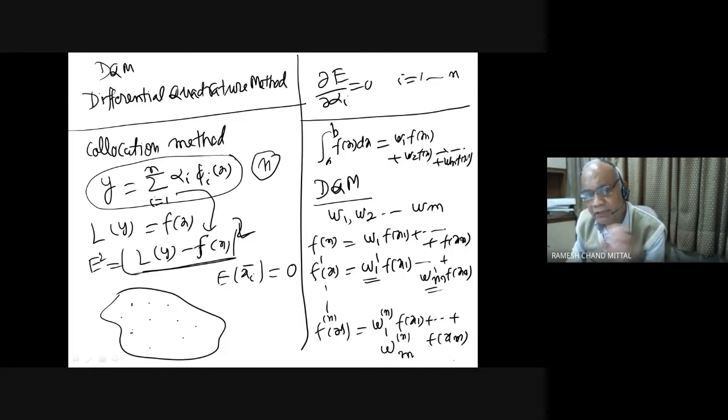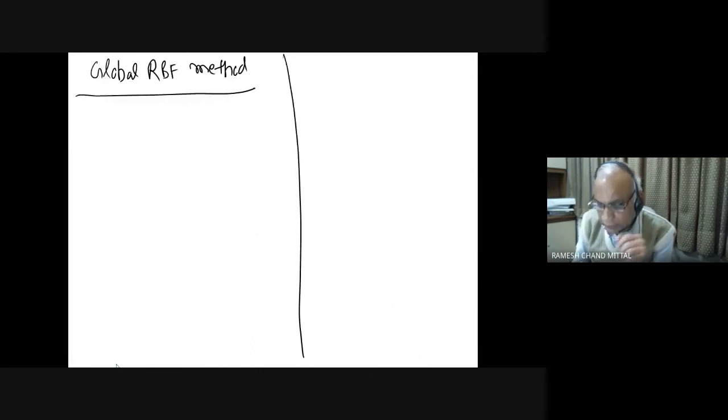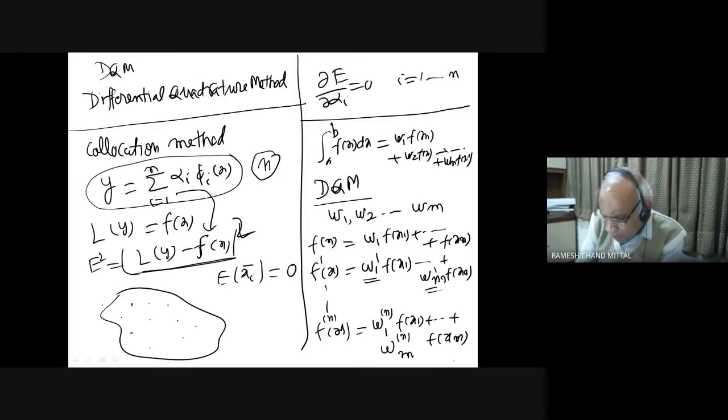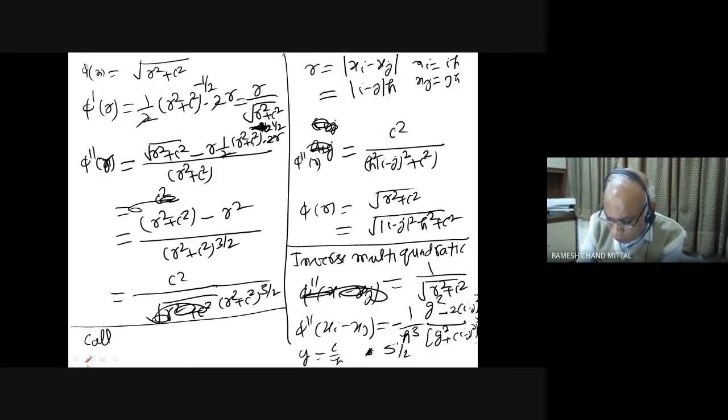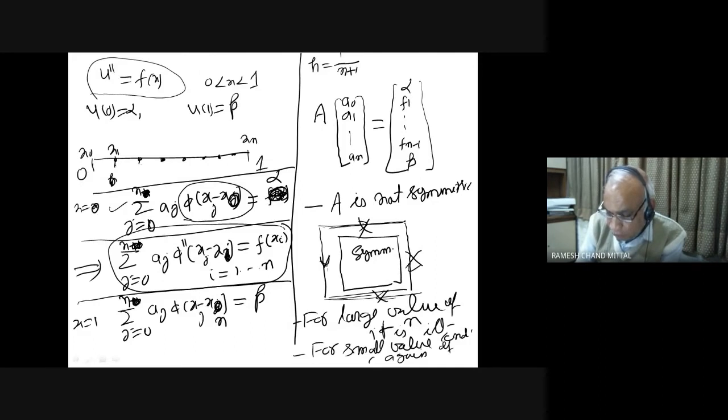And invariably this system creates problems for large values of n. So another way is to consider local. This method is global in the sense I'm considering all the points, because my approximation, please see, when I write my approximation, it is going from 0 to n. So this is global, 0 to n.